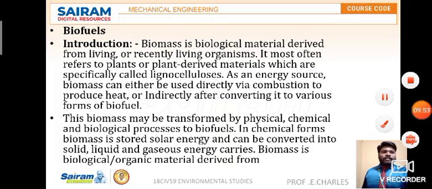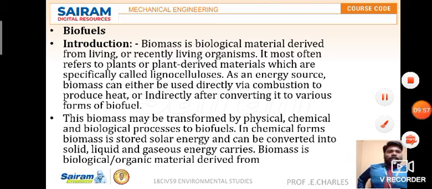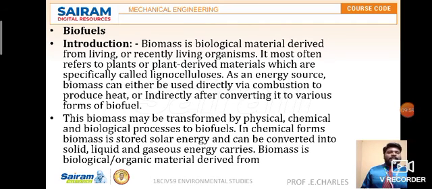And the next one is biofuels. Biofuels are derived from biological material from living or recently living organisms, and plant-derived materials. Biofuels are solid, liquid or gaseous energy sources, and biomass is biological organic matter.